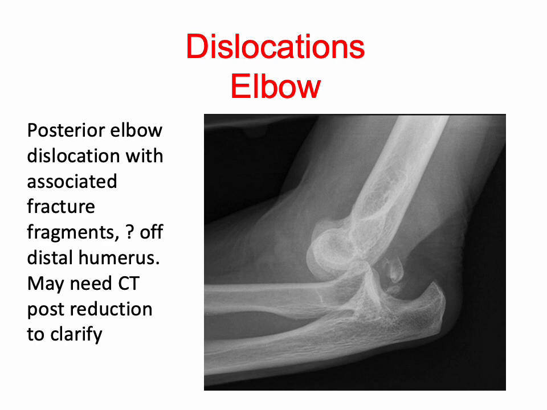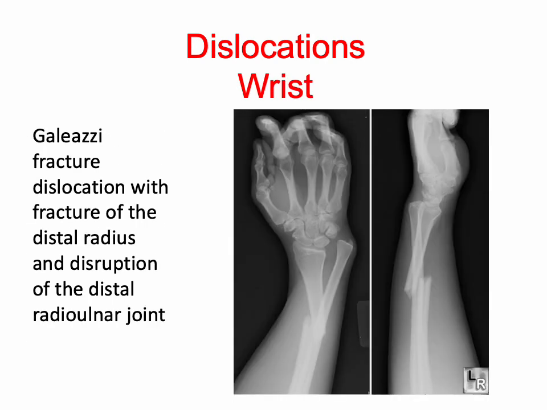Elbow dislocation. There is a posterior elbow dislocation in that the radius and ulna are dislocated posteriorly to the humerus, and there are associated fracture fragments here, which are most likely from the distal humerus, but a post-reduction X-ray or CT would be able to confirm that.